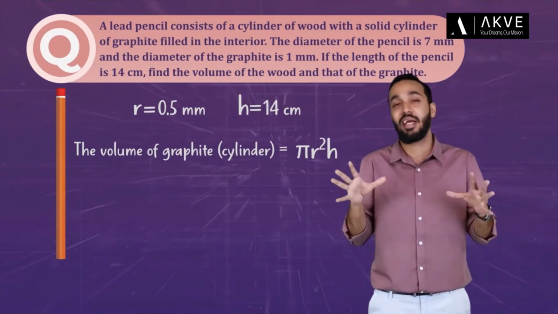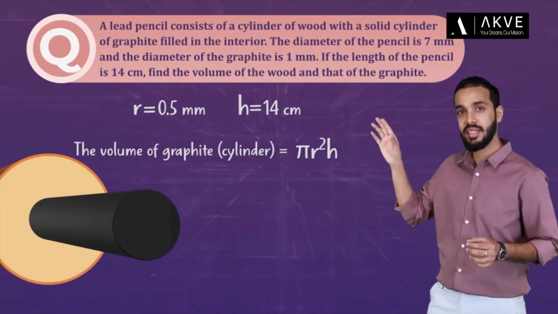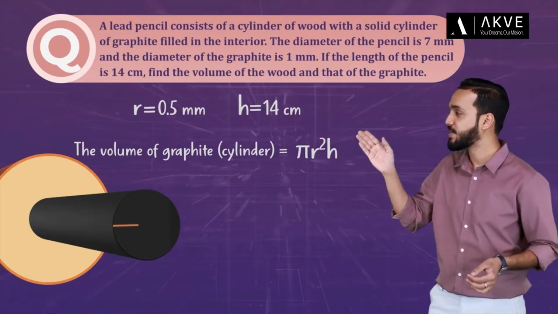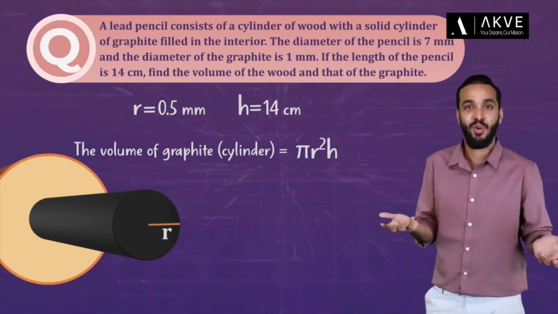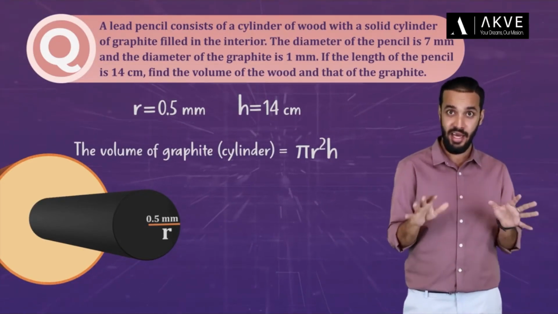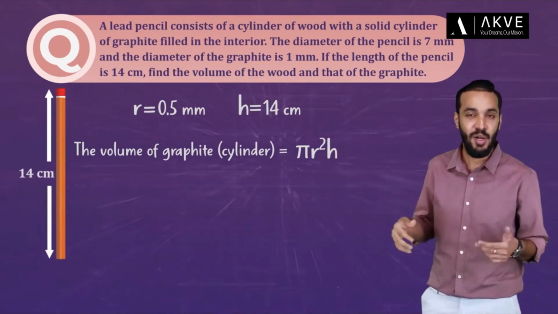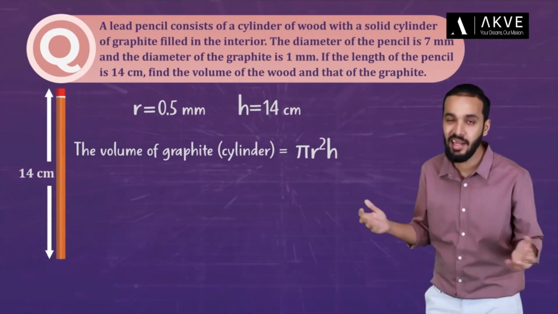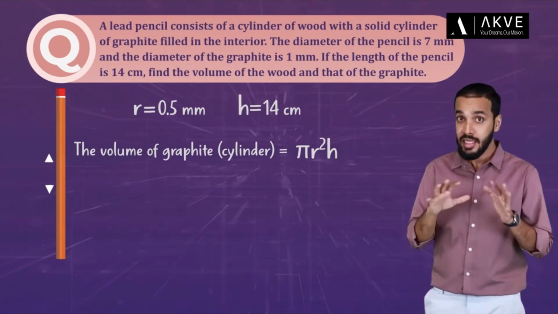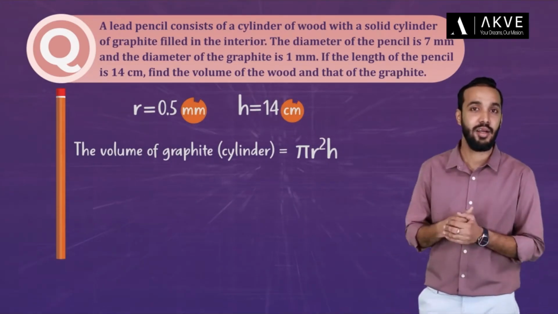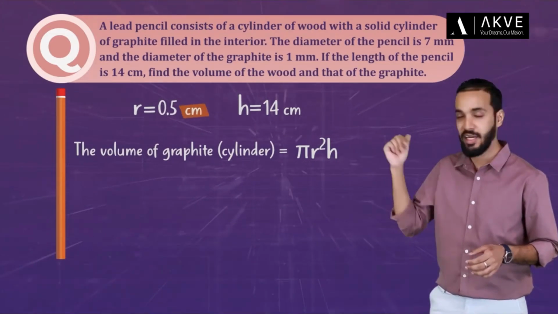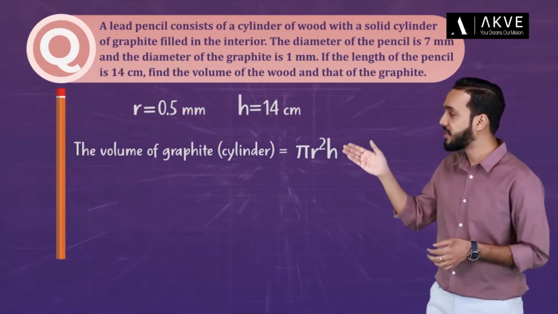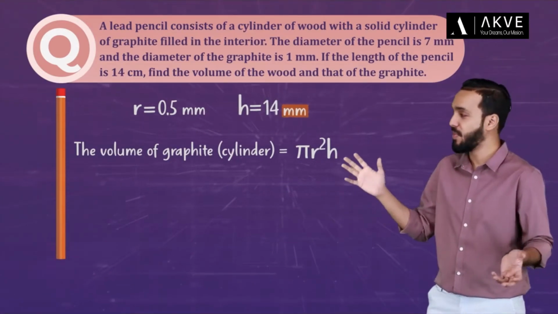Let's just get over with the calculations in a jiffy. The diameter of the solid cylinder of graphite is given as 1 millimeter. So, its radius, say small r, would be 0.5 millimeters. And the height of this cylinder would be the same as the length of the pencil, that is 14 centimeters. Since the units are different here, we can either convert the radius 0.5 millimeters to centimeters or we can convert the height 14 centimeters to millimeters.